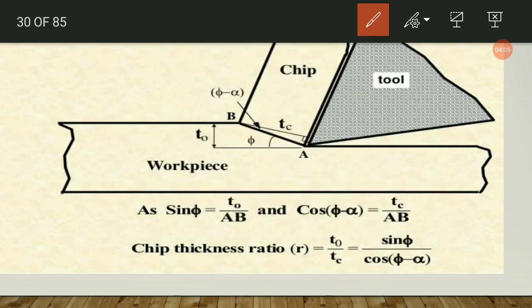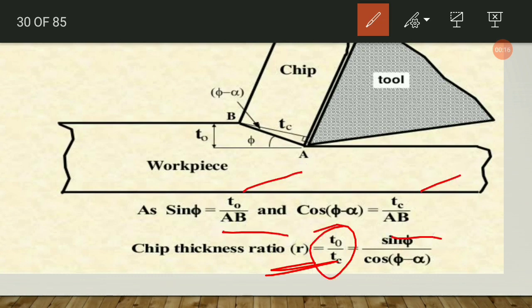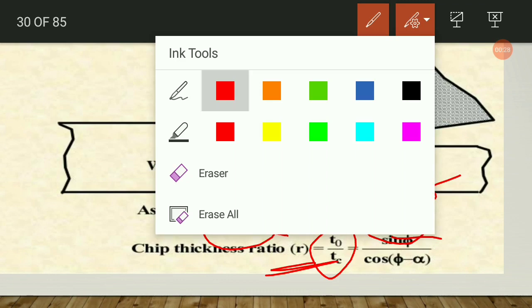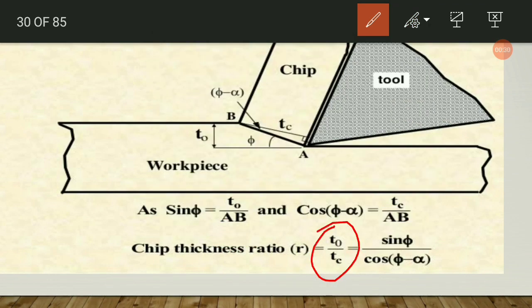Okay. Now again, if you consider the chip thickness ratio, that is T0 by Tc, from these two equations, this one and this one, what will we have? Look, AB is common for both the cases. So you can simply write T0 by Tc equal to sin phi by cos of phi minus alpha from this particular geometry.